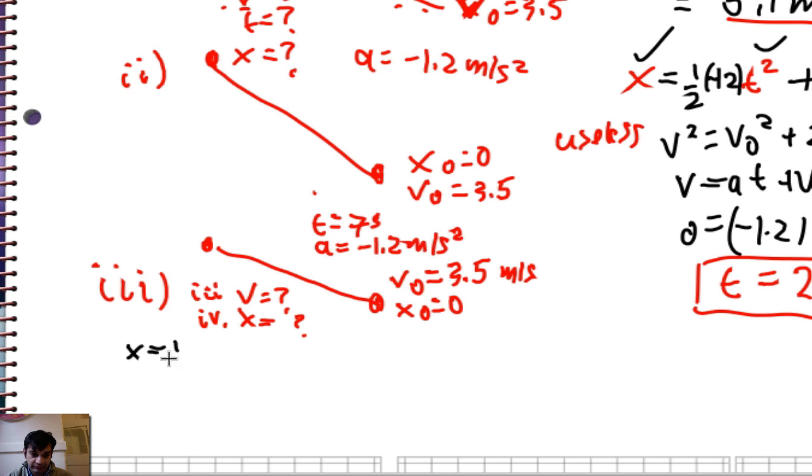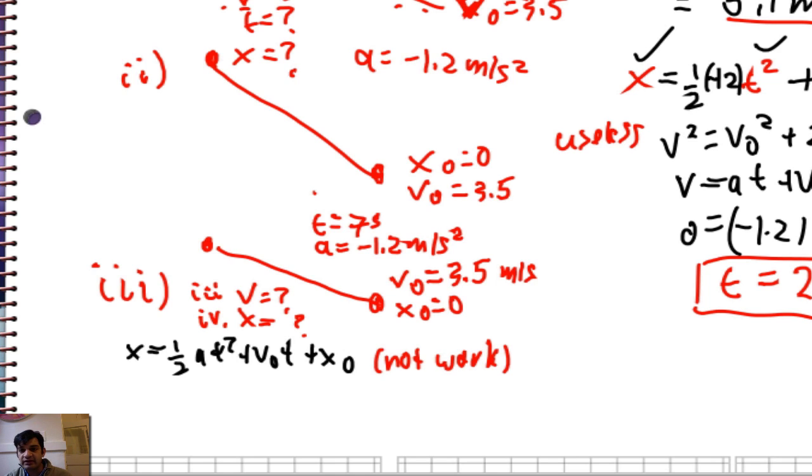So x equals 1/2 at squared plus v naught t plus x naught. Now here's the problem with that. We want to know what its final velocity will be. When we look at these letters here, we don't have final velocity. So this doesn't work. So we want to find final velocity. Why don't we go ahead and use the simple equation?